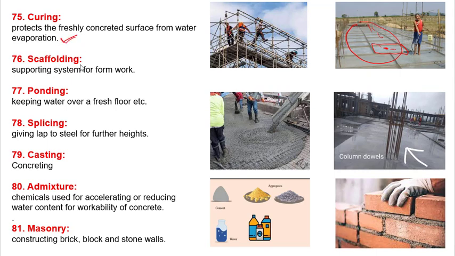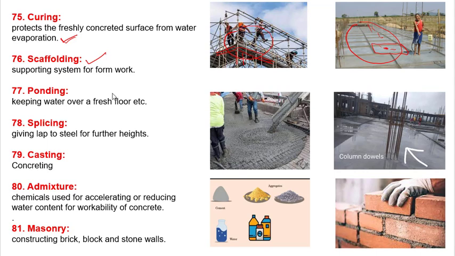And then scaffolding. Scaffolding is the supporting system for the formwork. Whenever you do formwork for any component, like a column, beam or slab, obviously to support that formwork you may need scaffolding pipes.